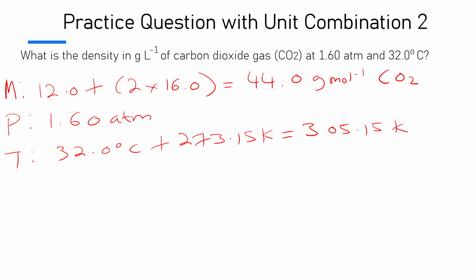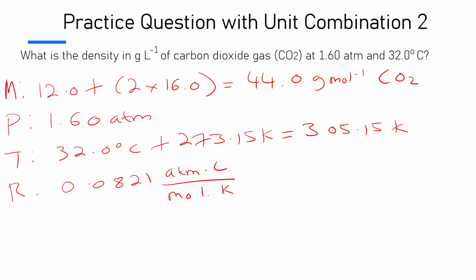Okay, let's now write down our ideal gas constant, which for this unit combination is 0.0821, with atmospheres, litres, and moles and Kelvin within this fraction to represent the units. Okay.